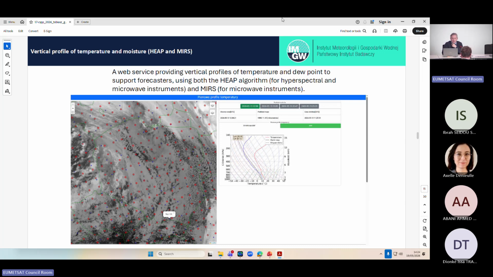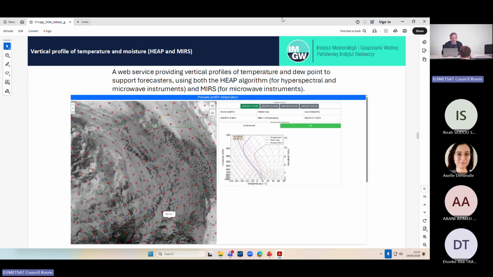And this is how our service looks, providing this vertical profile of temperature and dew point to support forecasting using these two algorithms for hyperspectral and microwave instruments. This red point is the HIP profile, and in the middle, this blue one is the MiRS vertical profile from the microwave instrument.